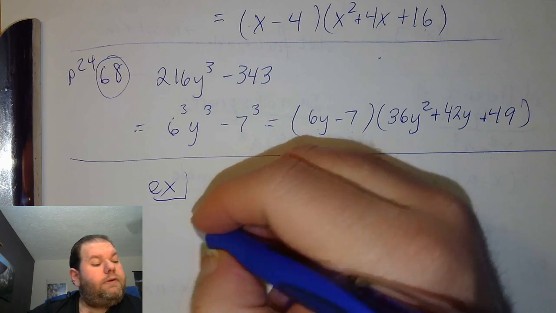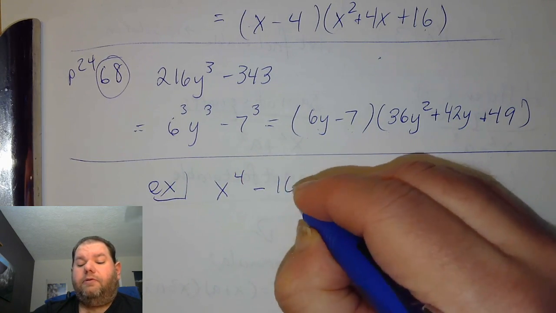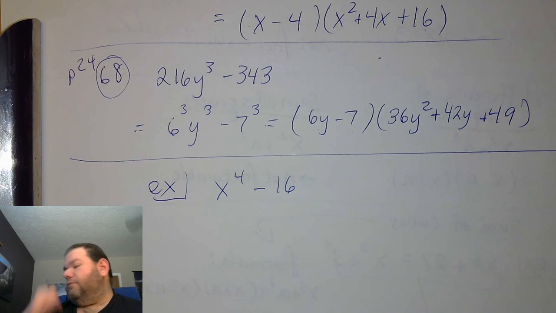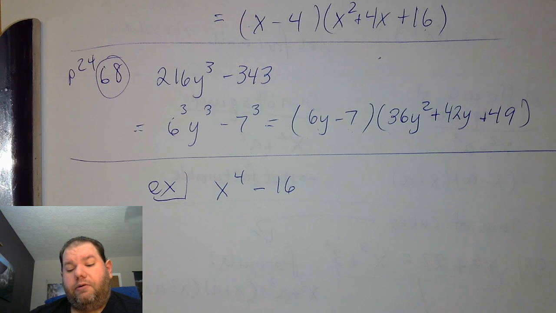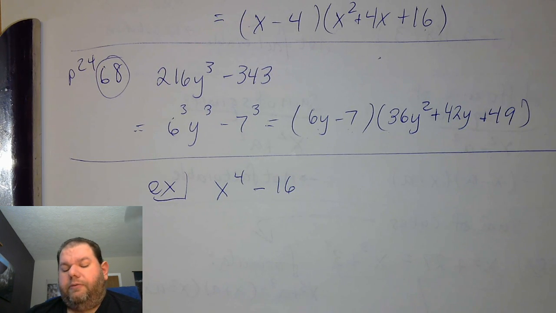Now, this is not in the book, but I wanted to show this example. What if we have x to the 4 minus 16? Well, it turns out we don't really have a formula, per se.